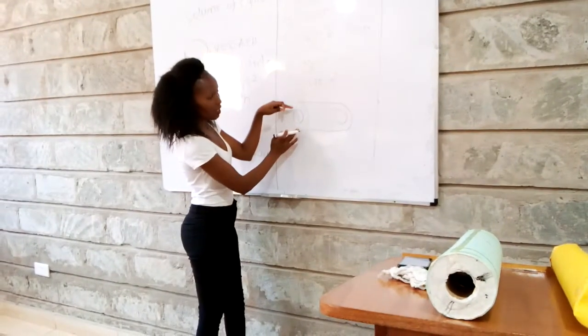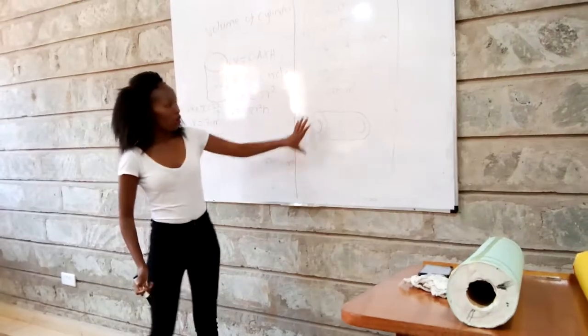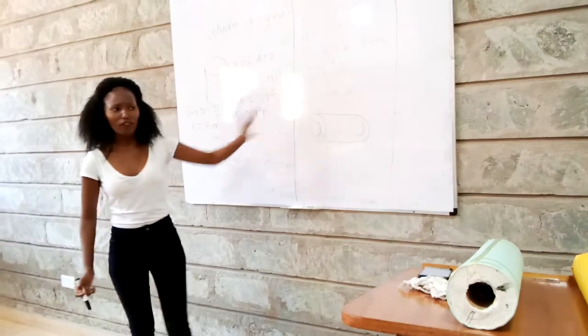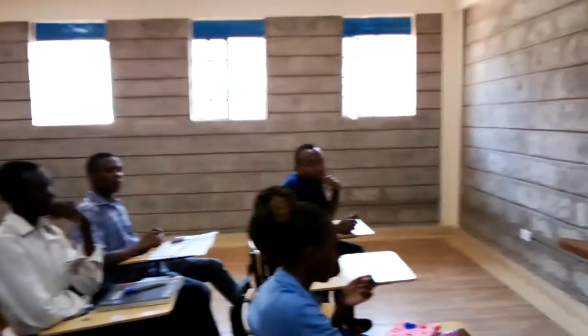So to get the volume of this material, how many cylinders are in this figure? 2 cylinders. We have which one and which one? The smaller one and the bigger one.